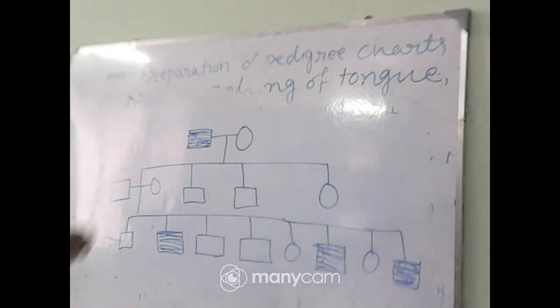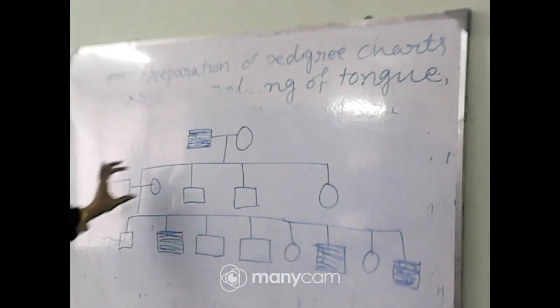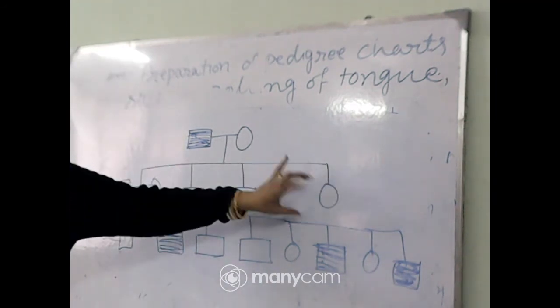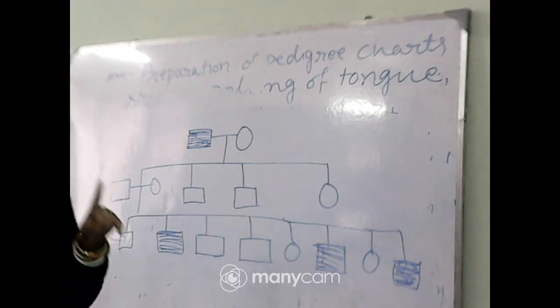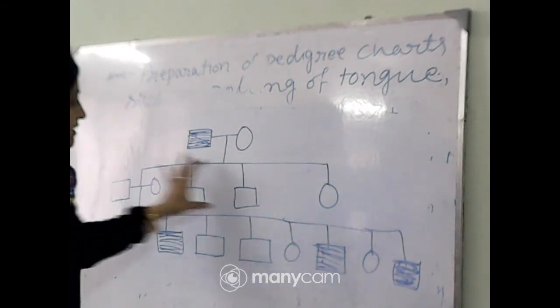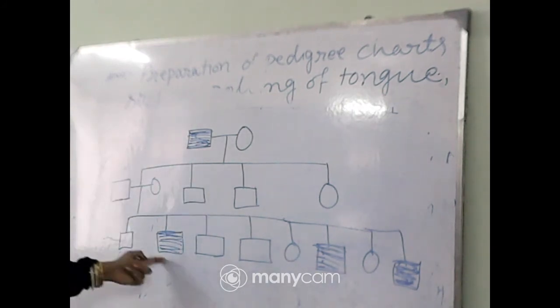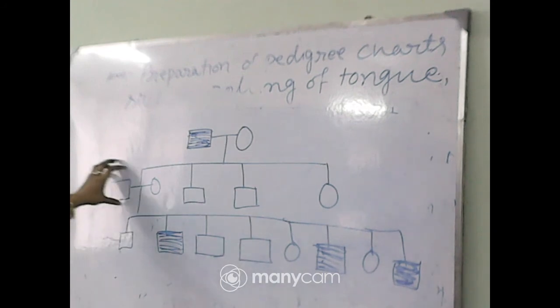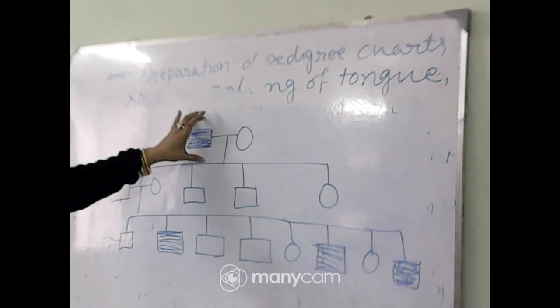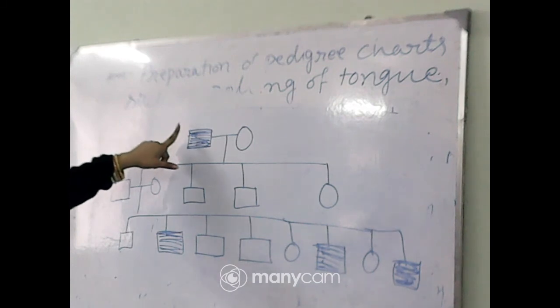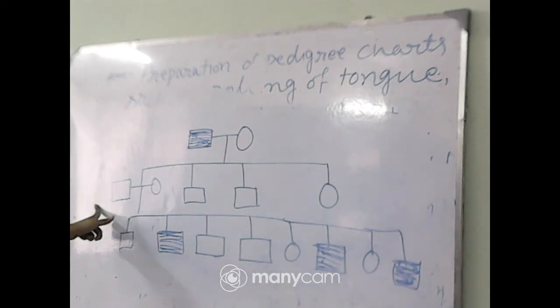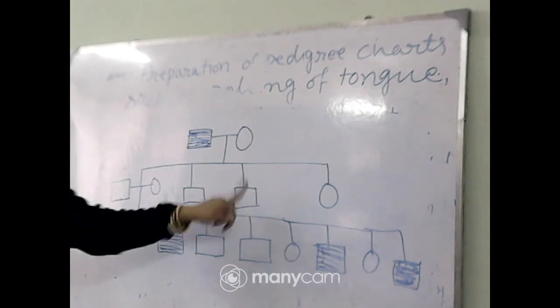You can see that here the father is affected, so there must be daughters who are carriers or affected. Here that one is recessive, that's why this generation is skipping. There is no affected child present. Next generation, as the mother is a carrier, the son must be affected because the fathers are not carriers, so never gone from father to son. So all sons are unaffected.